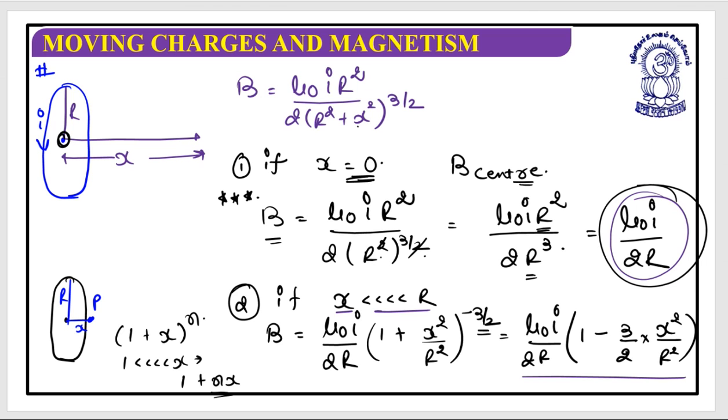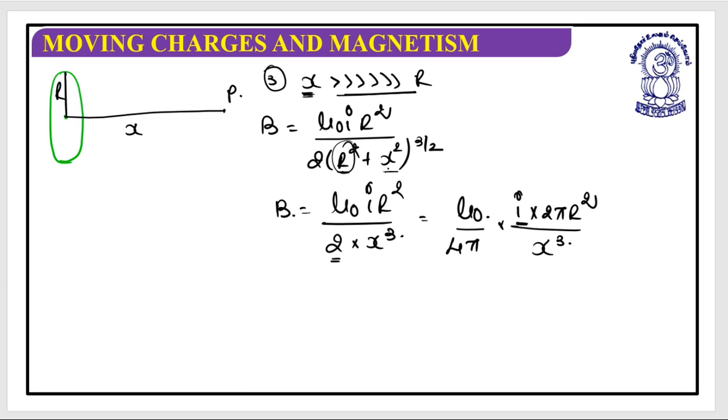If X is much greater than R, that means very far away from the ring, R is much smaller compared to X, so I can ignore R when adding or subtracting. So it is mu naught I R square by 2 X cube.